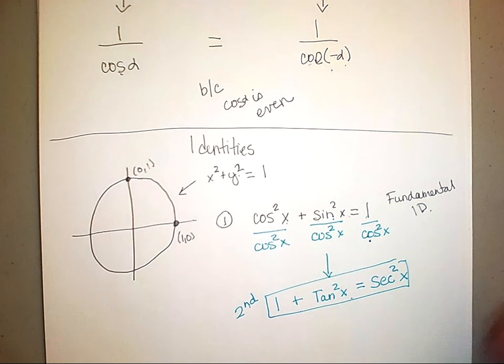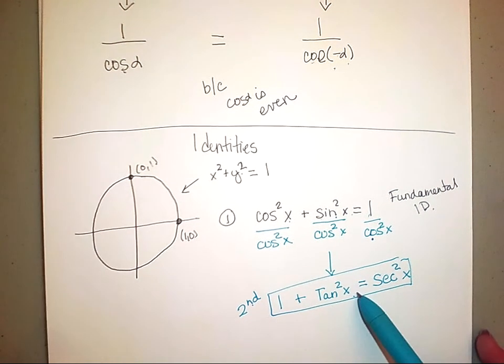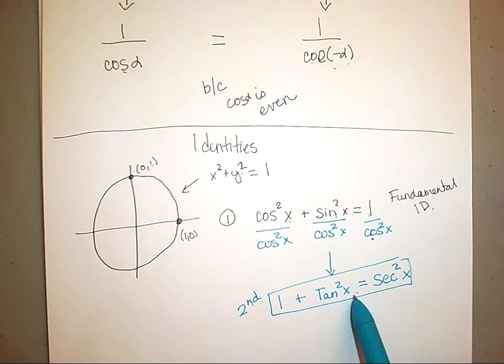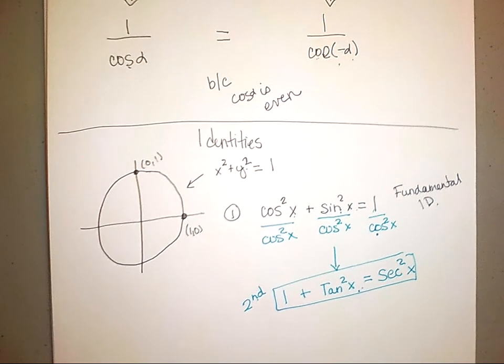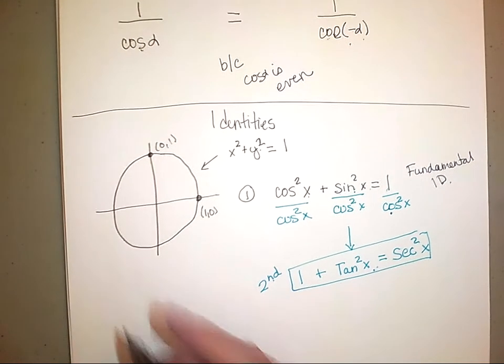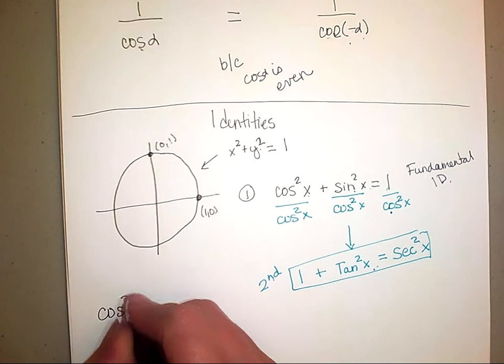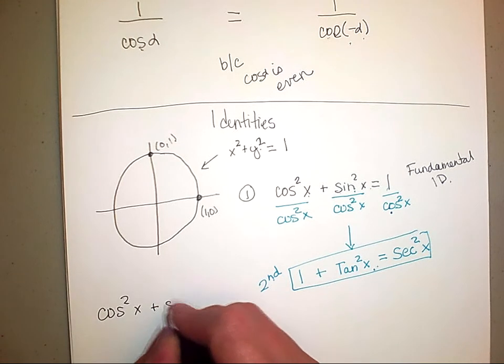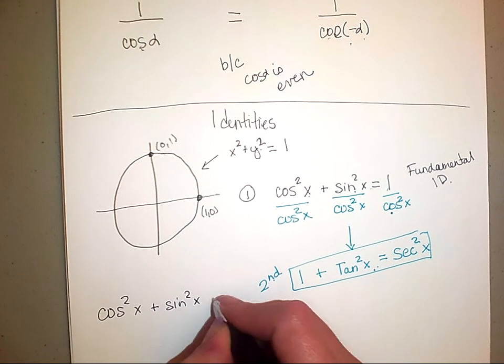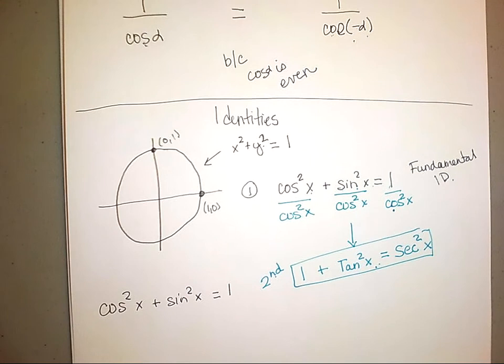This one I don't memorize. You can either choose to memorize it or you can choose to learn how to get to it. I always just choose to learn how to get to it. Okay. There's another thing we could do. Let's pretend now that we didn't want to divide by cosine squared, but we could also divide by sine squared.